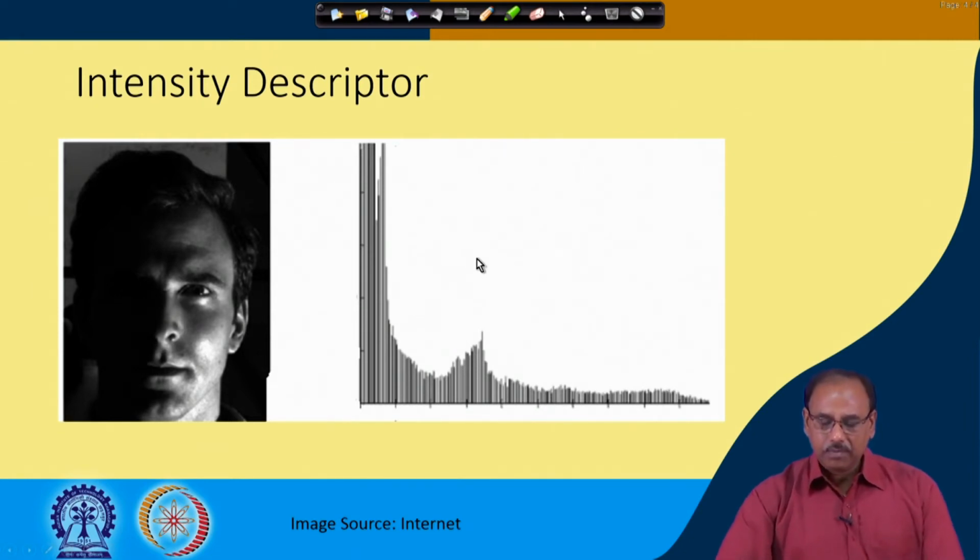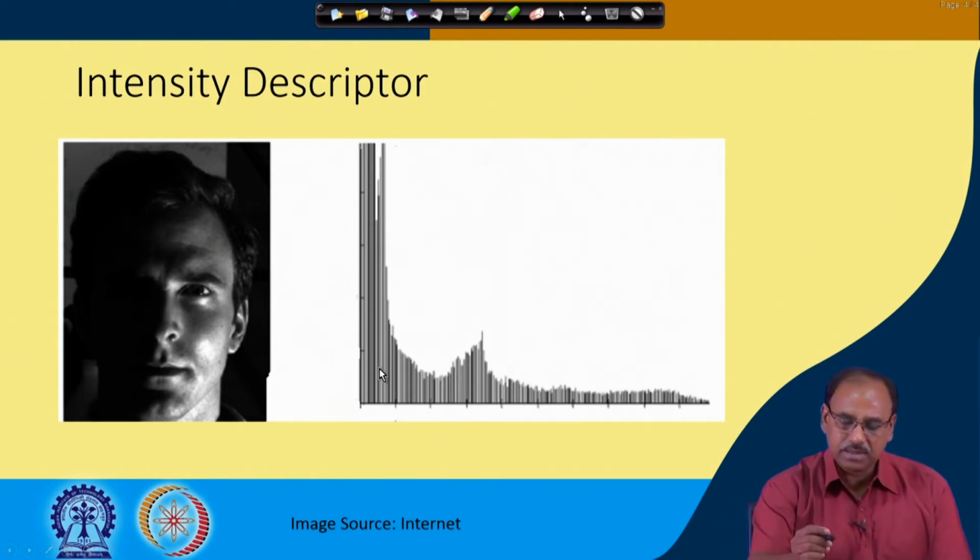The way a histogram is defined is like this.